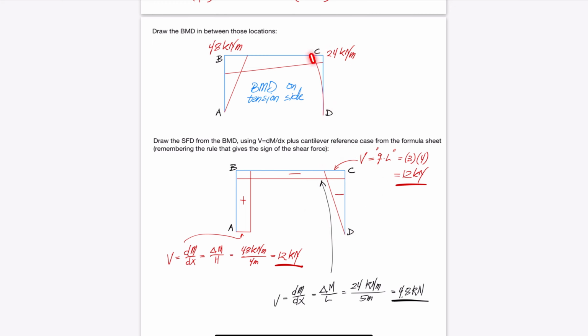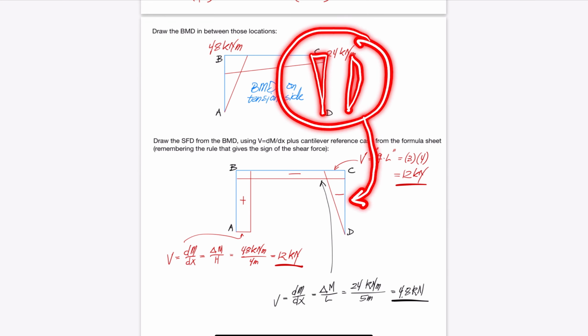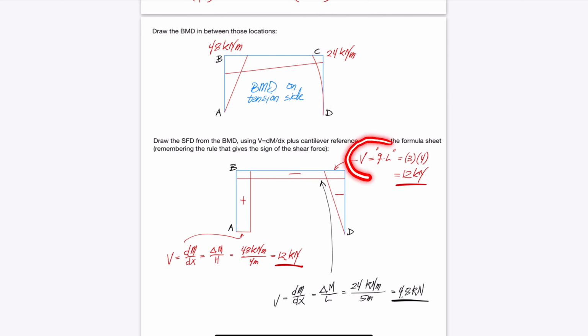One is from the triangular portion of the bending moment diagram, if we split it into basic parts. Another contribution is from the parabolic portion of the bending moment diagram. We have considered this in another video, and we can assume that the bending moment diagram and shear force diagram for simply supported beams and cantilevers, such as this one from C to D, are either available on a formula sheet or memorized. That means the shear force at C is the shear force at the base of a cantilever, namely Q times L, which gives the value 12 kN.